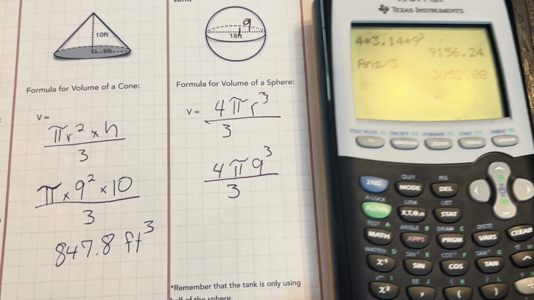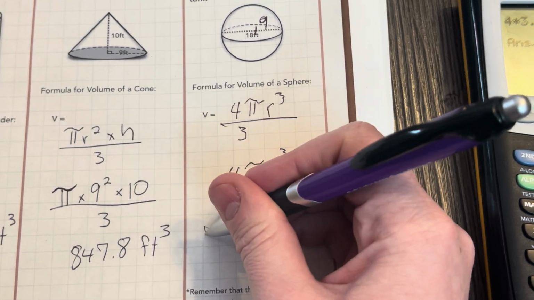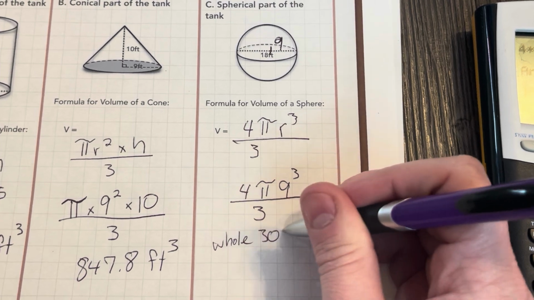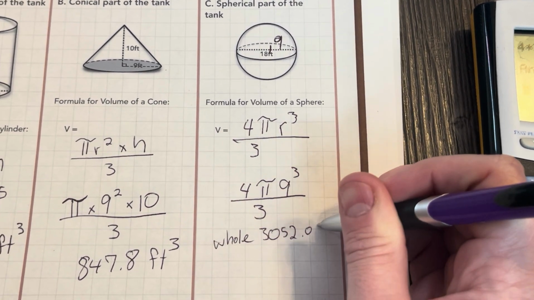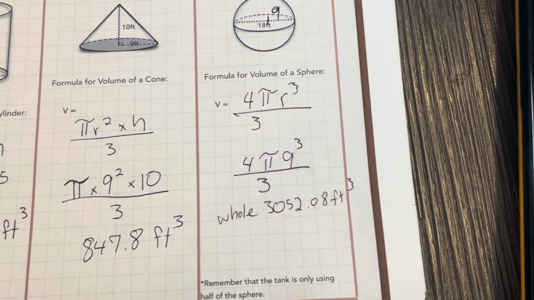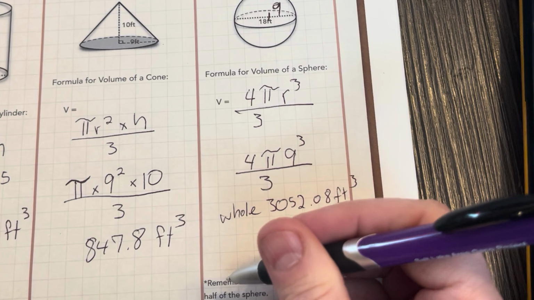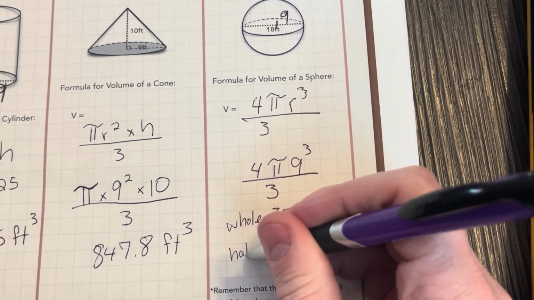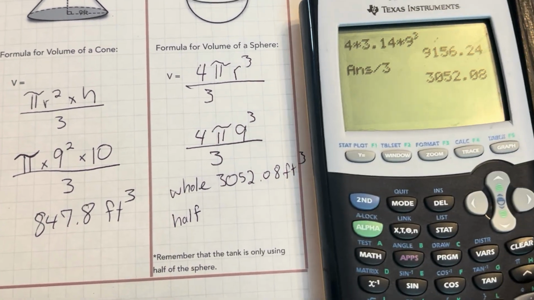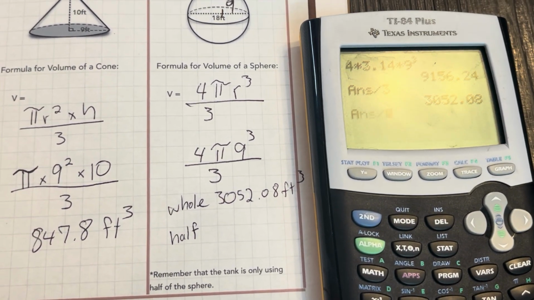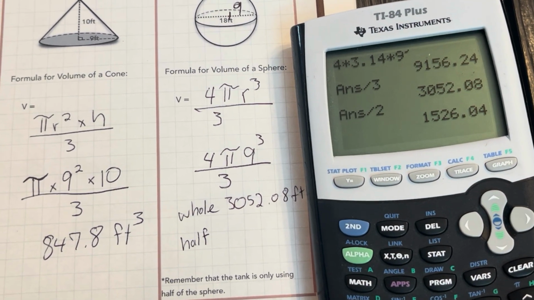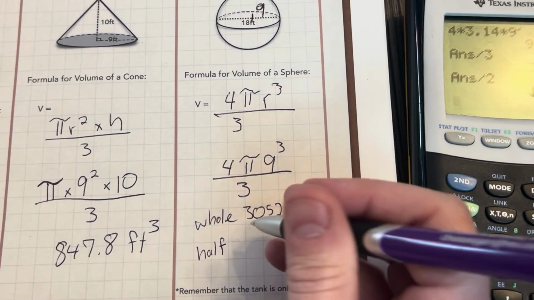So the whole sphere was 3,052.08 cubic feet. However, we do not want the whole thing. We only want half of it. So I'm going to take my answer and divide it by 2 so that I have half of a sphere. And that's 1,526.04.